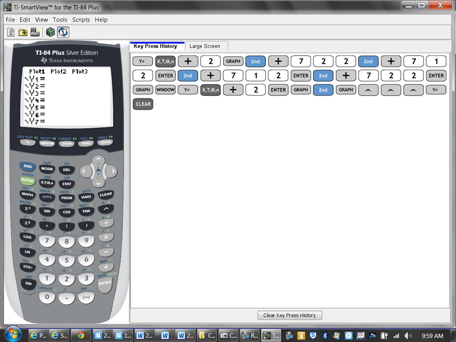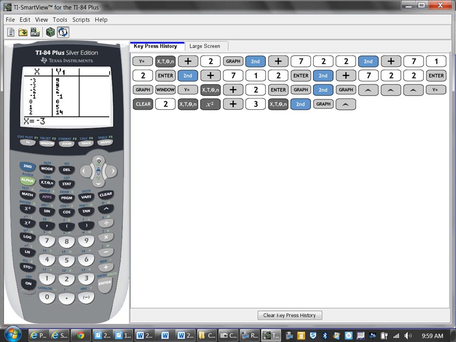It was 2x squared plus 3x. So I hit 2x squared plus 3x, and I go right to my table, and I go looking for -4. And I got 4. The table does it for me. Crazy, isn't it?